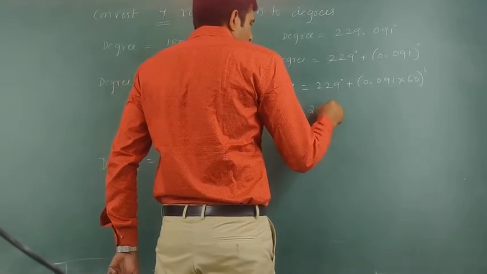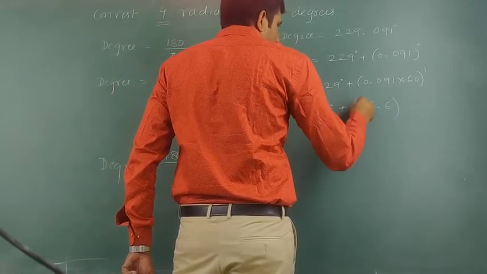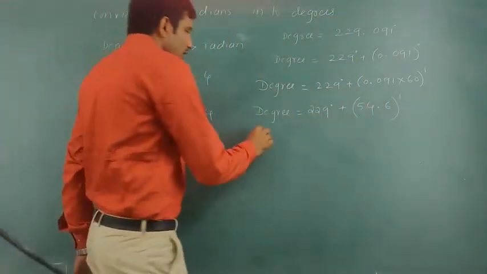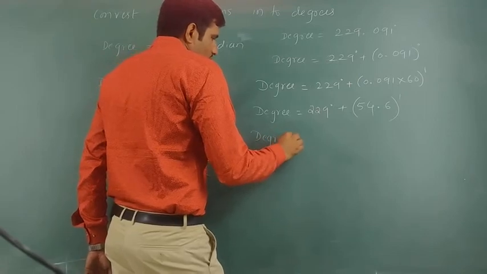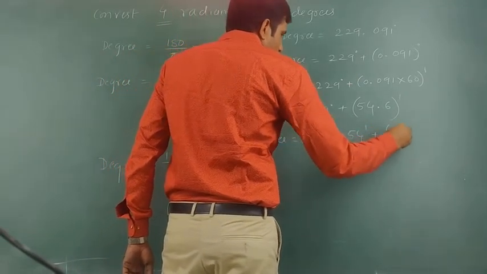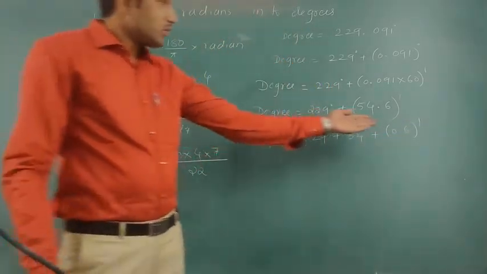It is 54.6 minutes. So degree is equal to 229 degree plus 54 minutes plus 0.6 minutes. Is it clear?